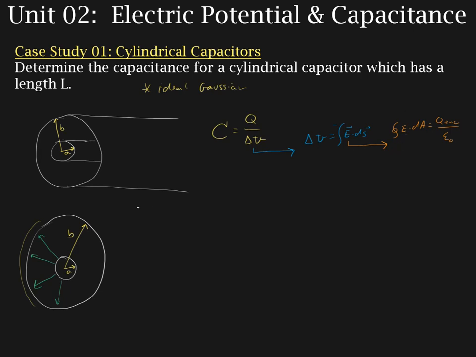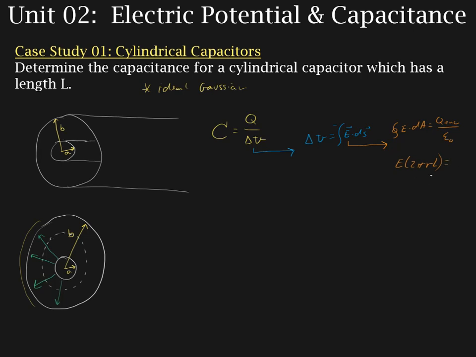E is going to be constant everywhere along our Gaussian surface. And so we can write this as E times the integral of dA, but dA is just going to be the area of the soup can wrapper. And so this becomes 2 pi r times the length of our capacitor.